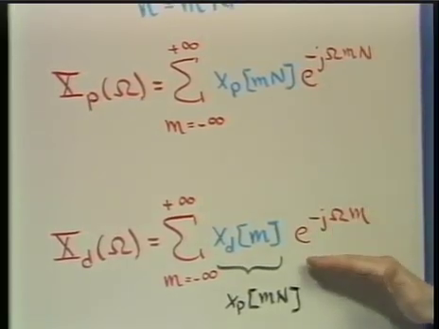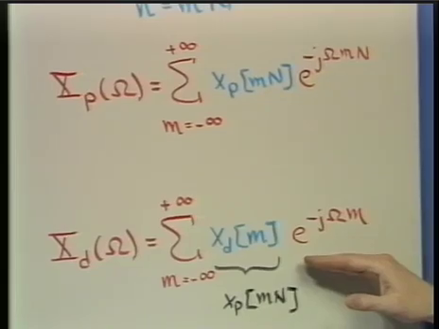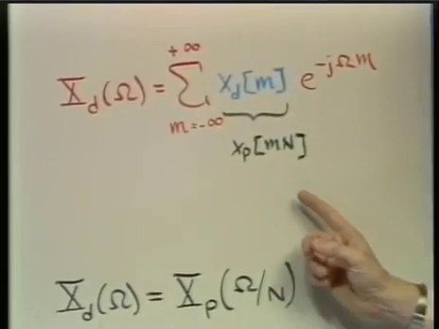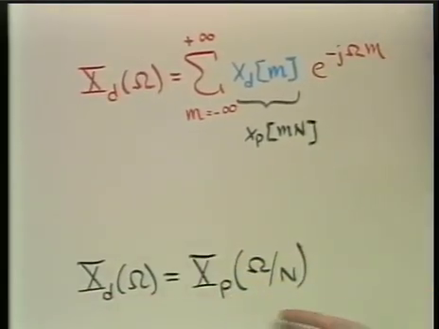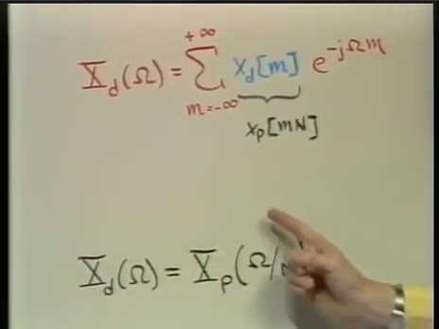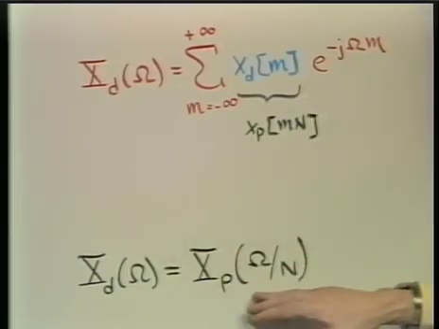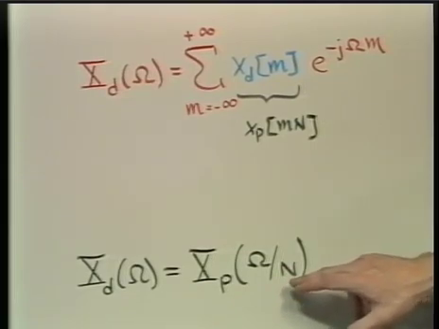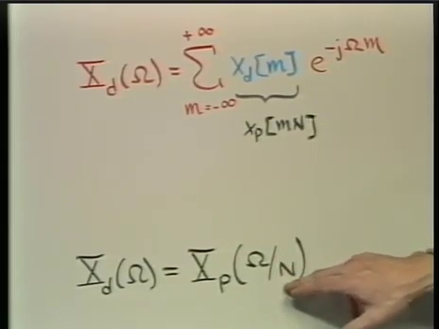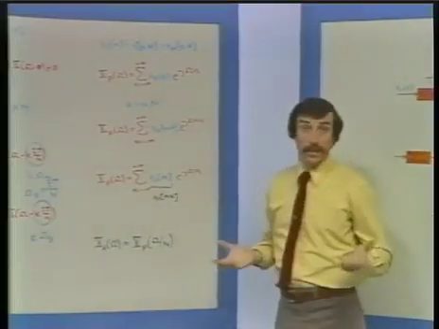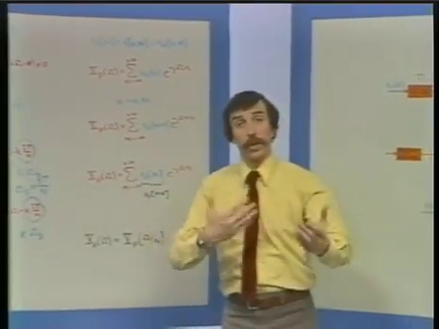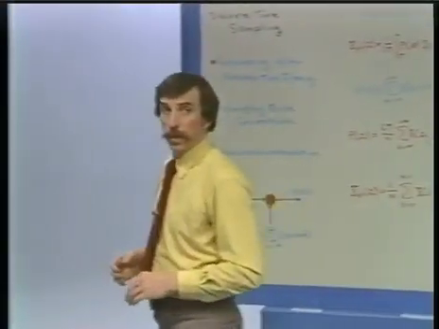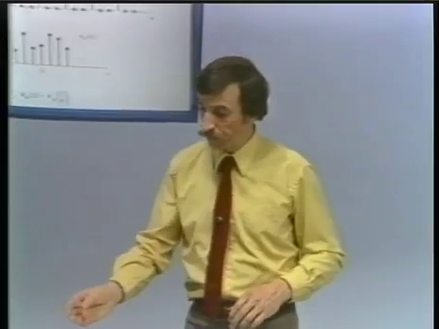So the consequence of that, what it all boils down to, is that the relationship between the Fourier transform of the decimated sequence and the Fourier transform of the sampled sequence is simply a frequency scaling corresponding to dividing the frequency axis by capital N. So that's essentially what happens. That's really all that's involved in the decimation process. And now, again, let's look at that pictorially and see what it means.